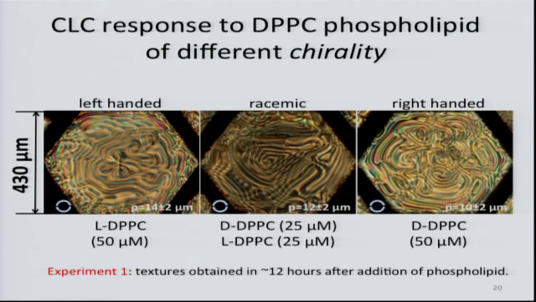So we see that the periodicity is smaller. The observed pitch becomes smaller. And when the phospholipid is of the opposite chirality to the chirality of the liquid crystal phase, it tries to unwind the liquid crystal. It helps doing that, and then we see that the periodicities are larger.